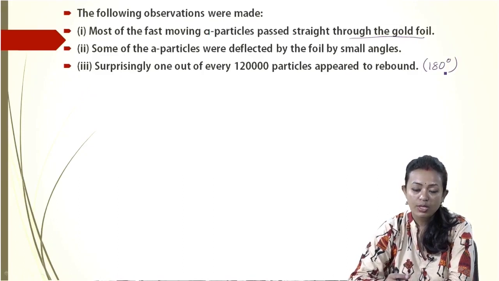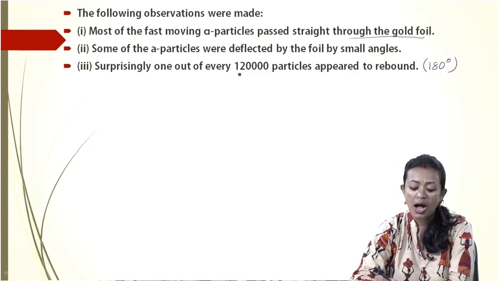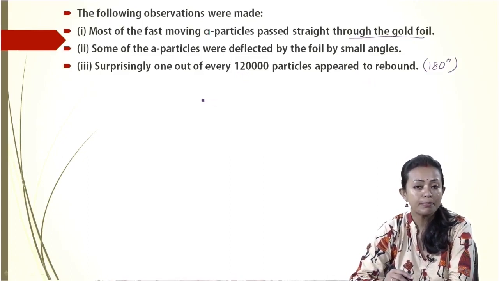But what Rutherford observed through his gold foil experiment was that the alpha particles bombarded against the gold foil showed deflection, and out of 12,000 particles, one rebounded back at an angle of 180 degrees. That completely revolutionized the concept of the structure of the atom.